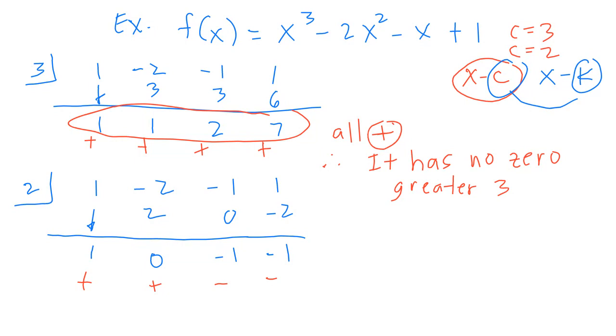So therefore, this is not all positive signs. So therefore, it has a 0 greater than our c, which is 2.